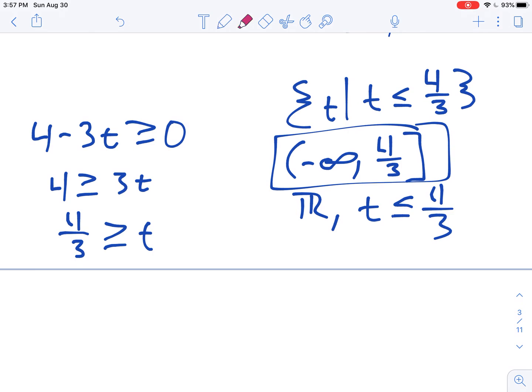These mathematical definitions, this set builder notation, this interval notation, and this mathematician slang, all tell me that exact same thing as that sentence, and that lets me know what my domain is. You're telling me that as long as I'm plugging in a number less than 4/3, I will get an answer in this radical function that is greater than or equal to 0, and therefore you can perform this operation.